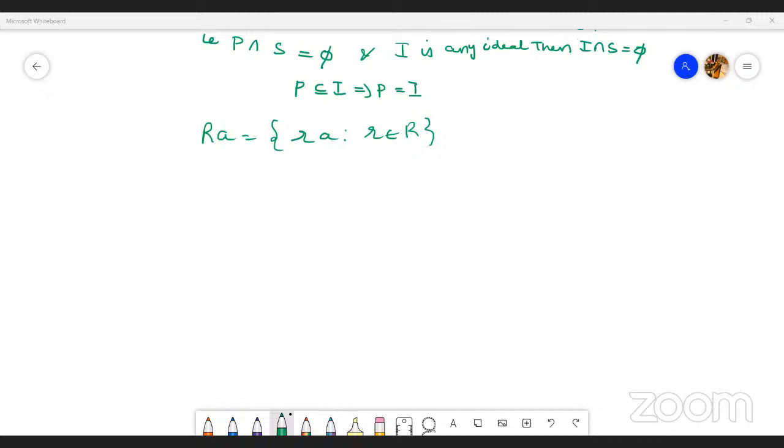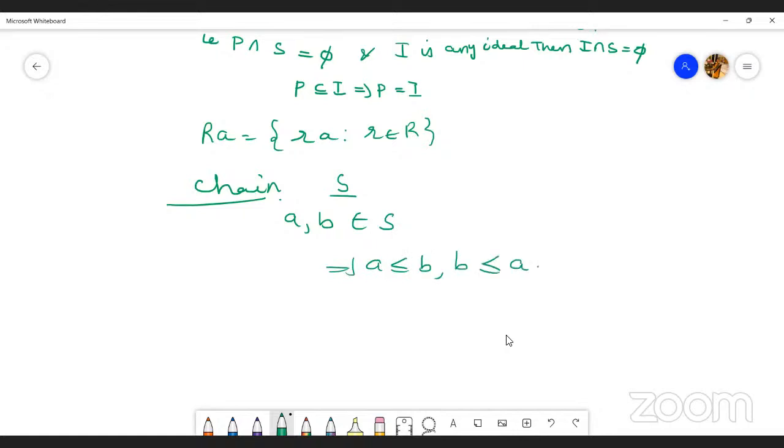Students, once you go through this theorem for 5 minutes, whether you understand or not. What do you mean by chain? Suppose A, B belong to S; we say that S is a chain if A less than or equal to B or B less than or equal to A. That means any two elements are comparable.